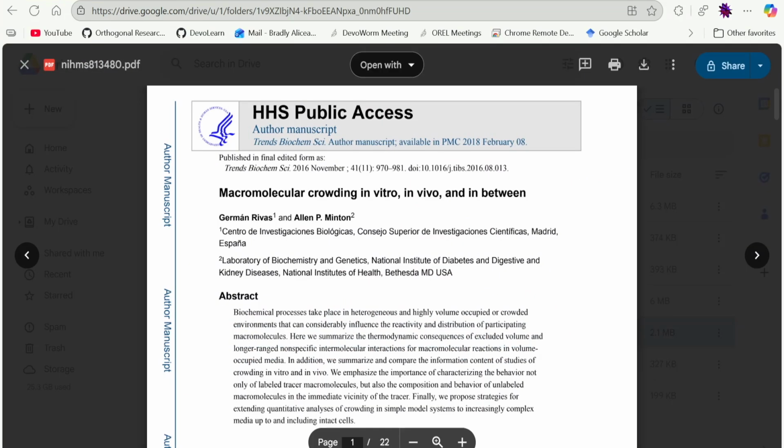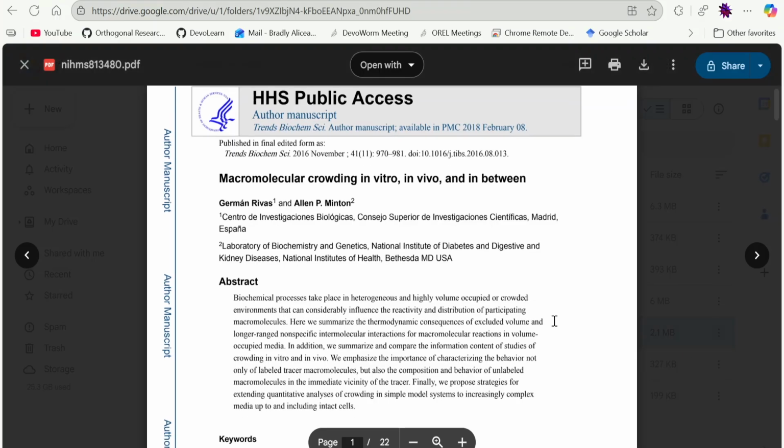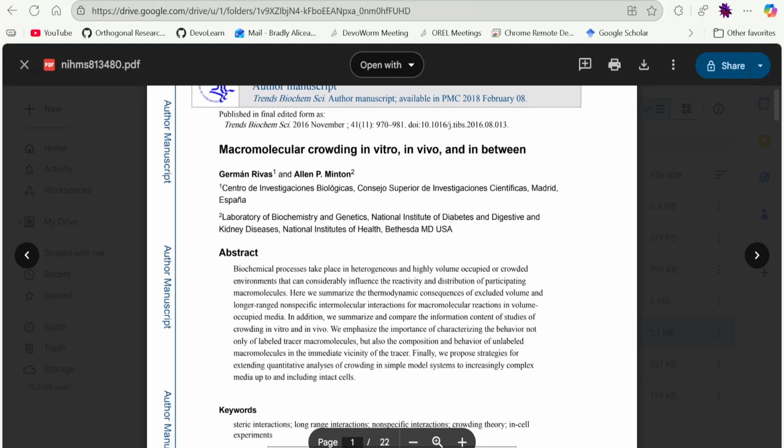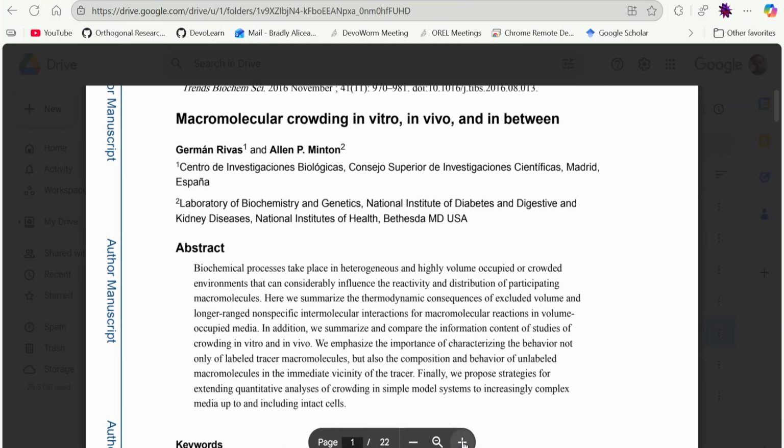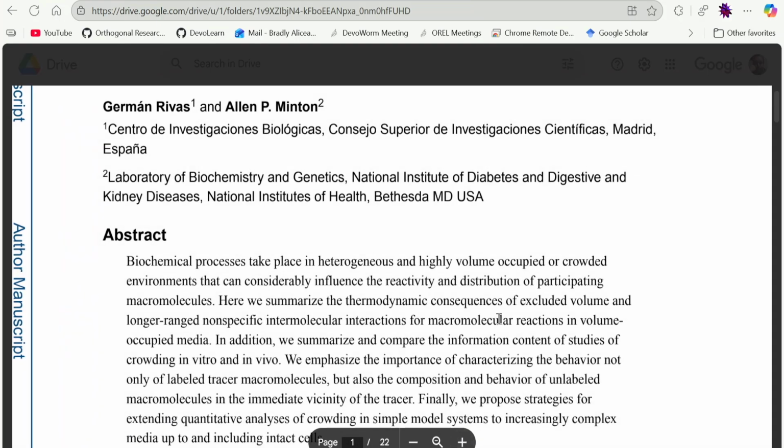This paper is macromolecule crowding in vitro, in vivo, and in between. And so this just kind of talks about these heterogeneous and high volume spaces. So this is talking about biochemical processes.